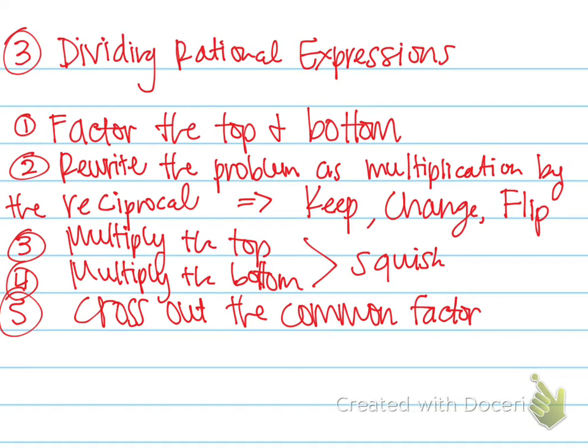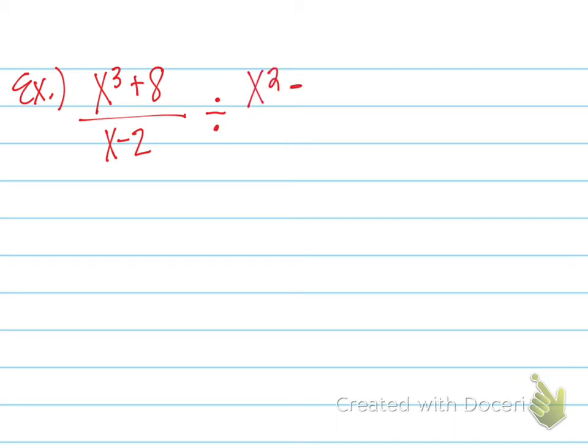So, first example is x cubed plus 8 over x minus 2, divided by x squared minus 2x plus 4 over x squared minus 4x plus 4.